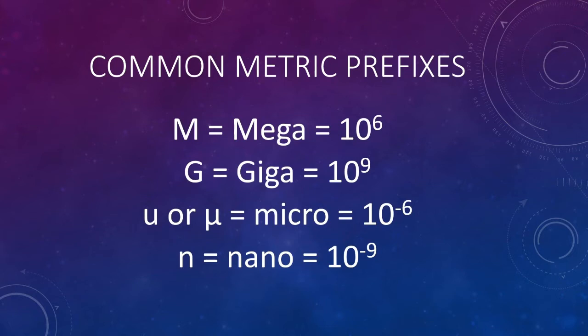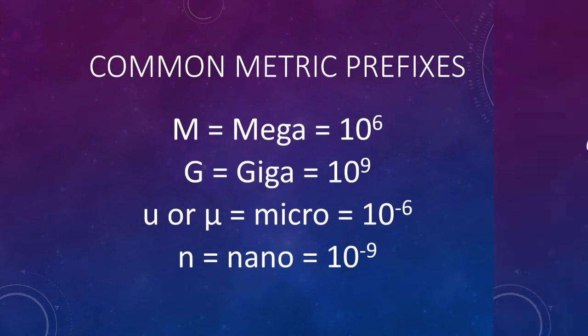And you'll see that as a lowercase u or a lowercase Greek letter mu. Both are used interchangeably. And then the next step down is nano, lowercase n, which is 10 to the minus 9. So let's use some of these prefixes in some examples where we do a multiplication by a conversion factor.